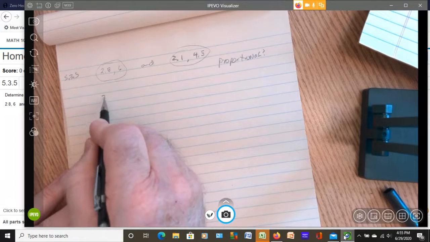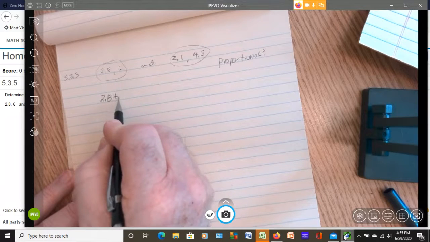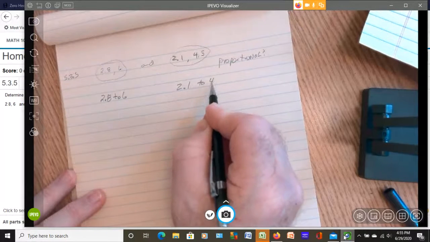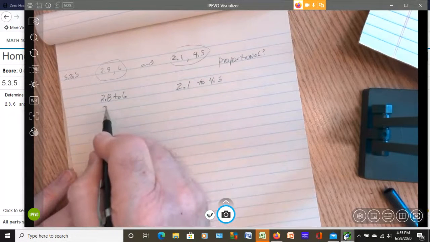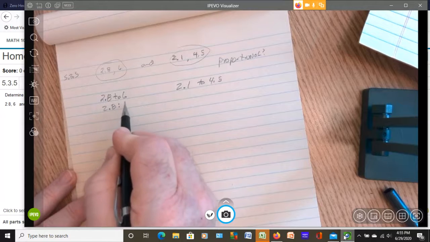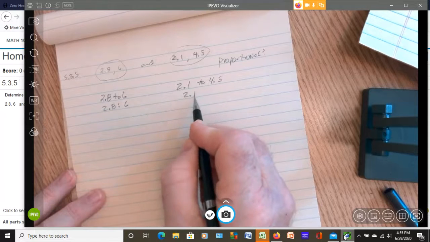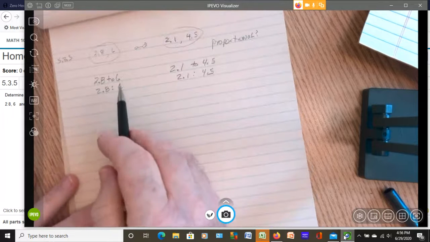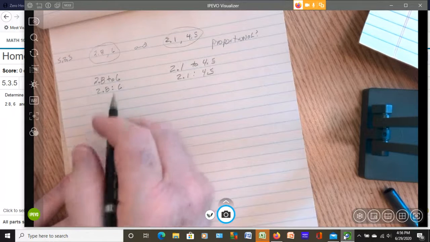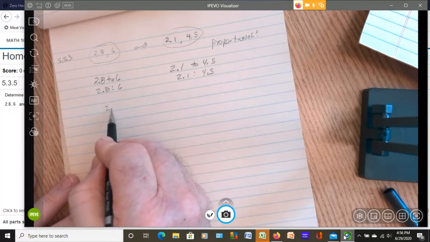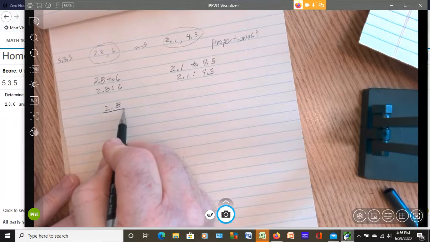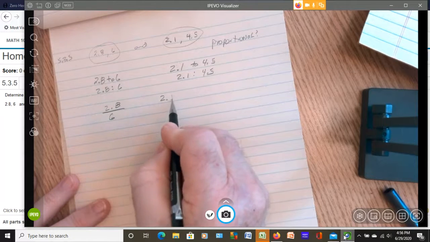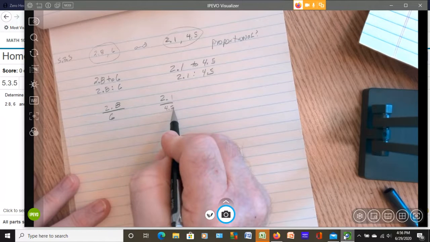This is comparing 2.8 to 6, and this is comparing 2.1 to 4.5, or we could say 2.8 colon 6, 2.1 colon 4.5. Those are the two ways we could write it. The third way is the way that we'll use, which is the fraction notation, 2.8 over 6 and 2.1 over 4.5.